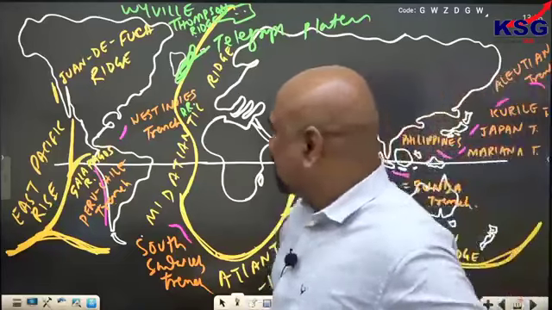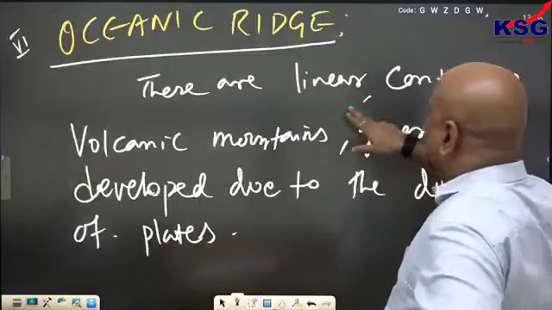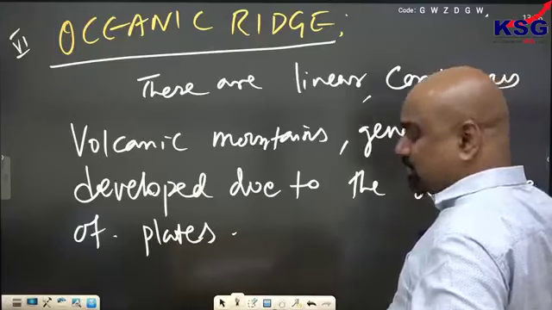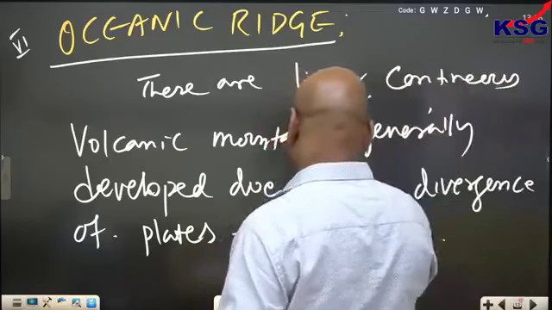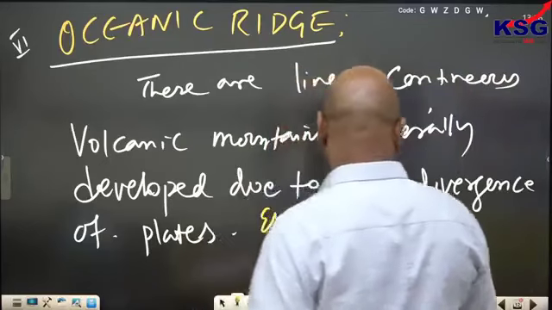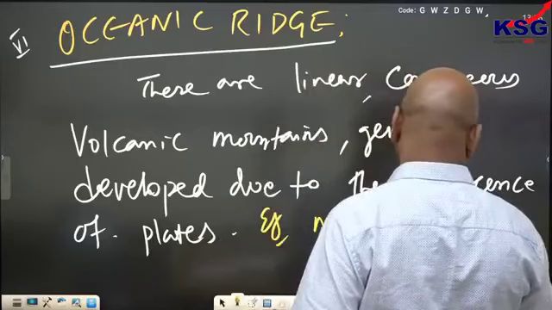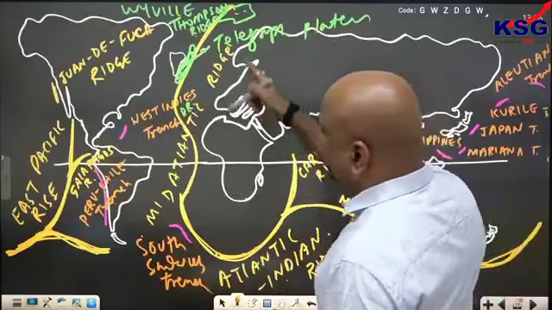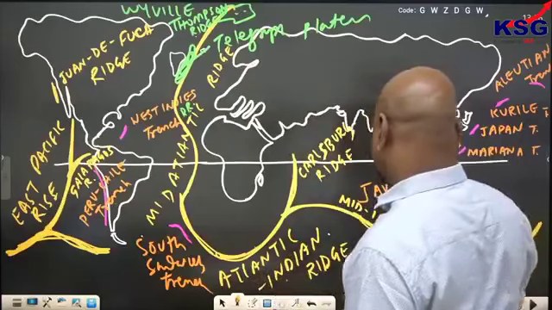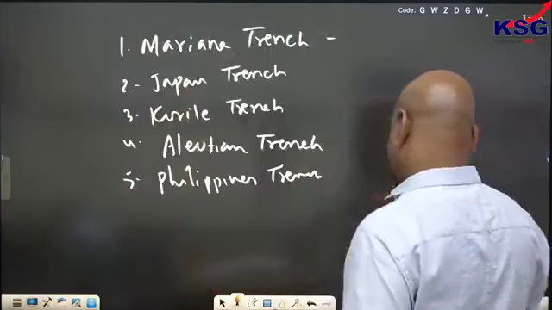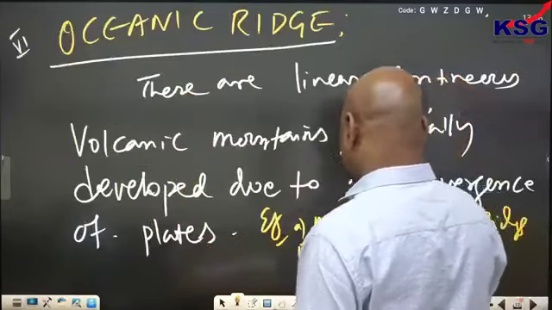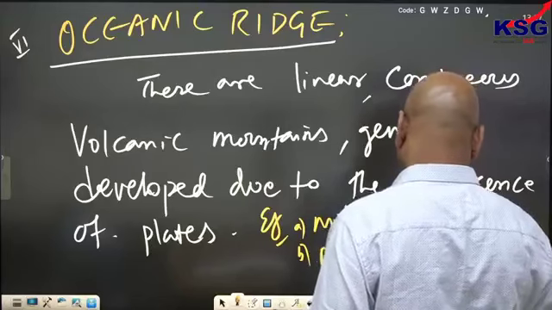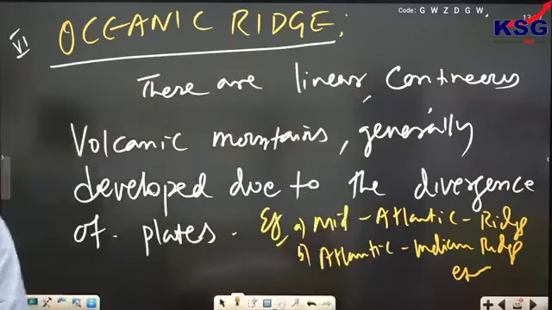I said the oceanic ridges are linear continuous volcanic mountains generally developed due to divergence of plates. Give an example: the Mid-Atlantic Ridge. That is one. Second, the Atlantic-Indian Ridge, the Mid-Indian Ridge, and so on. All the ridges are like this.